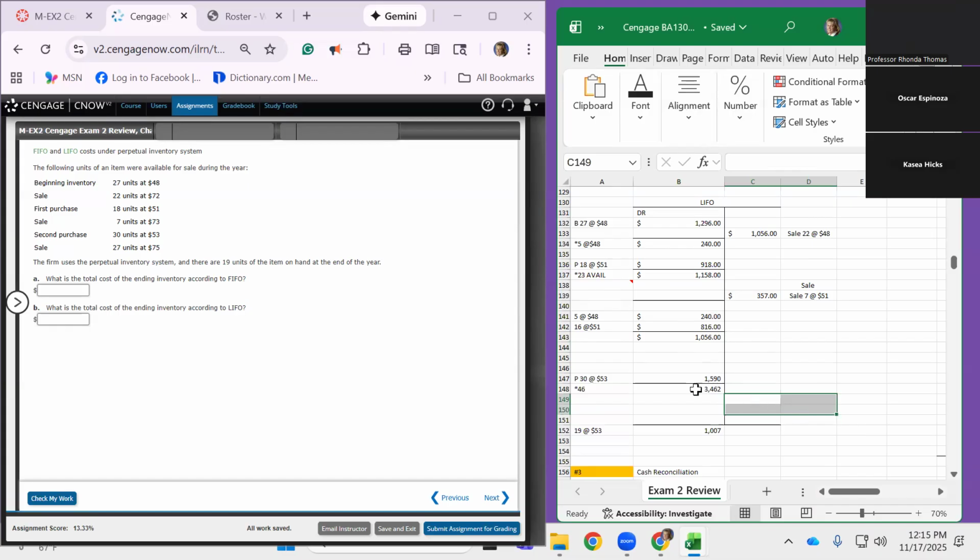Okay, so we're going to get this out of here. Okay, here comes the sale. And we're going to need all 16. Okay, so hang on. So the sale is going to be 27. So we're going to use all 16 first because they're the last ones in.